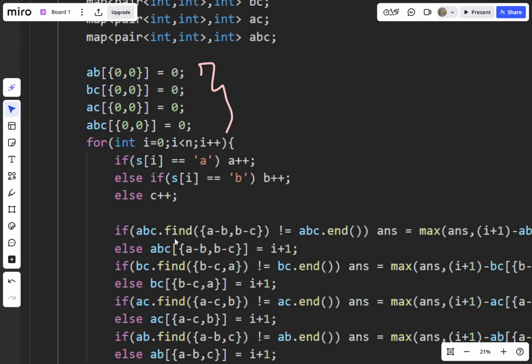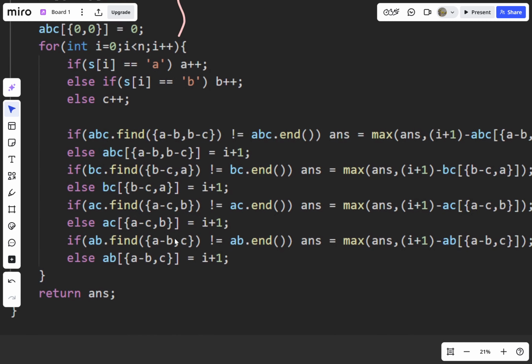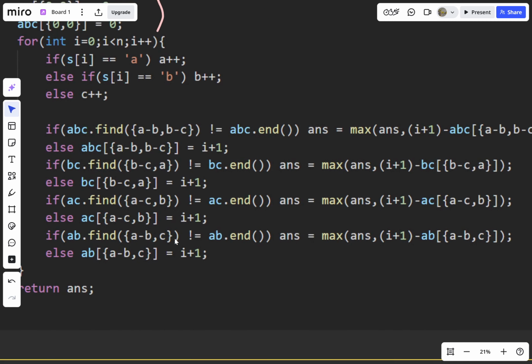Then after that, what we are finding out is whether the A, B, C map already has the A minus B, B minus C pair present or not.